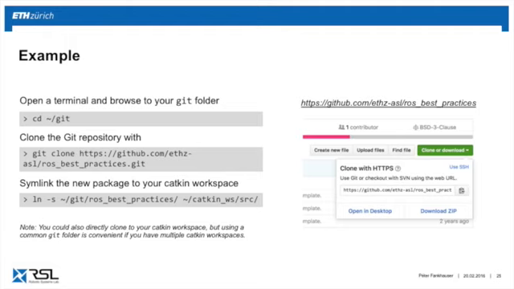We put up there an example ROS package for you to play around with. Once you're on this website, there's a green button which says clone or download, and copy this URL here.